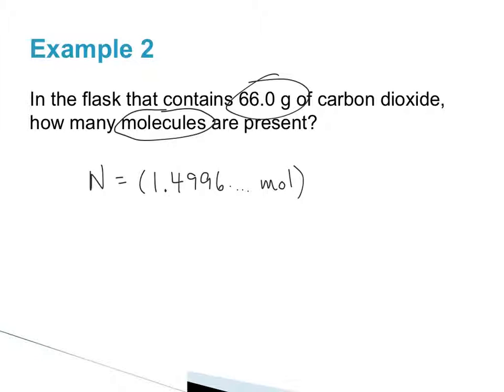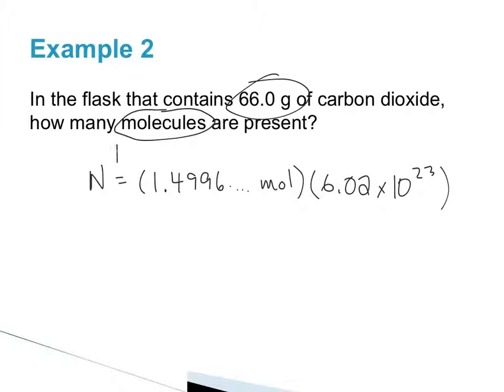Anytime we're doing calculations, you want to keep all of your decimal places until your very final answer. So you'd want to put the 1.4996 into your calculator rather than just 1.50. And that's because we want to avoid rounding off errors.